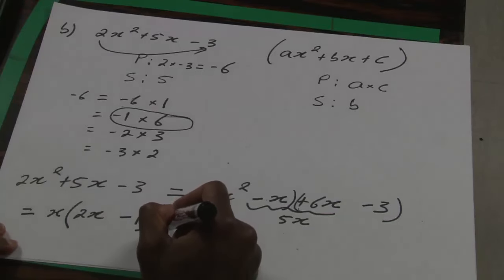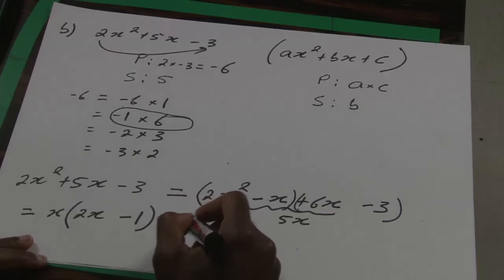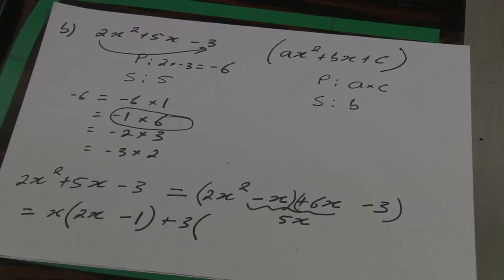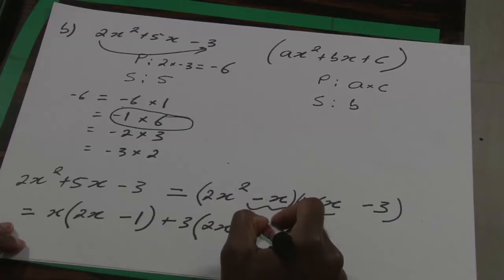And then for the second pair of terms, your plus 6x minus 3, we note that 3 is also a common factor, because 6 is 2 times 3, and negative 3 is 3 times negative 1. And therefore, we can also take out 3 in this case, and we are left with 2x minus 1.